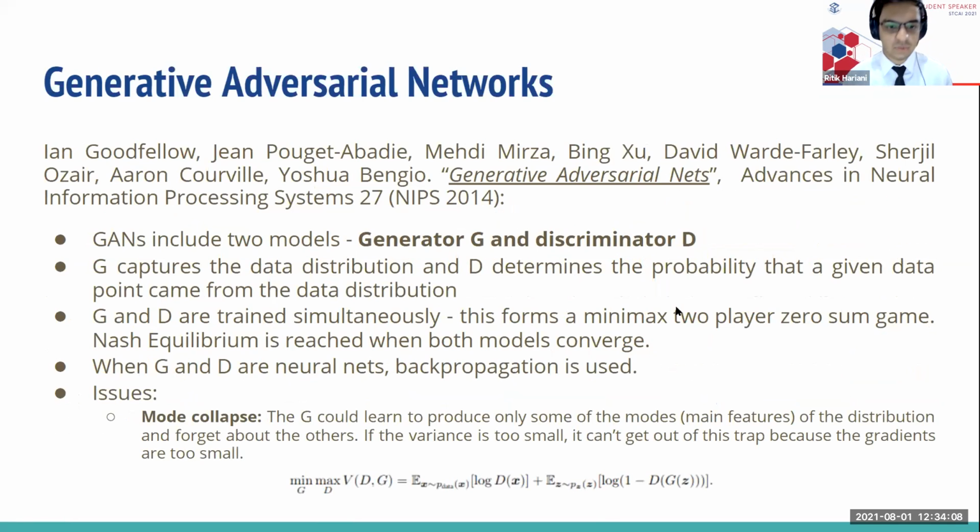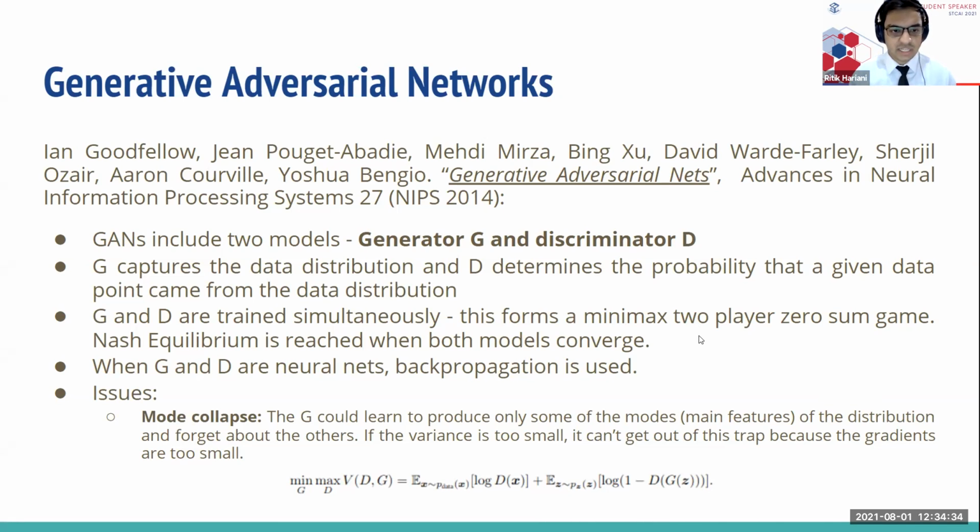So coming to GANs, what are GANs basically? GANs were introduced by Ian Goodfellow in the year 2014. Generative adversarial networks consist of two models, a generator and a discriminator. The generator captures the data distribution of the data set, whereas the discriminator tries to determine the probability that a data point belongs to that data set.